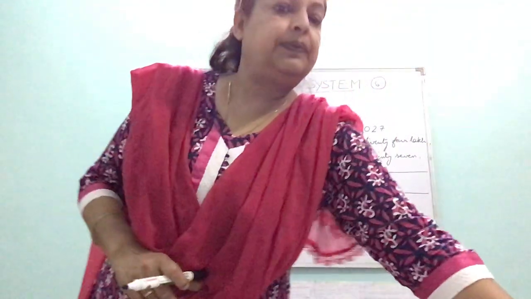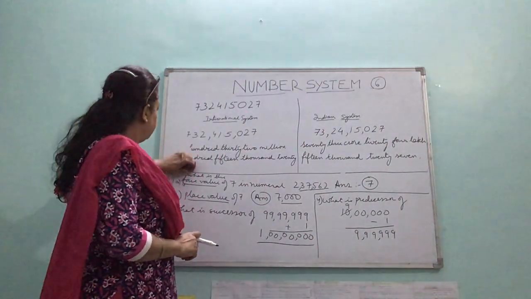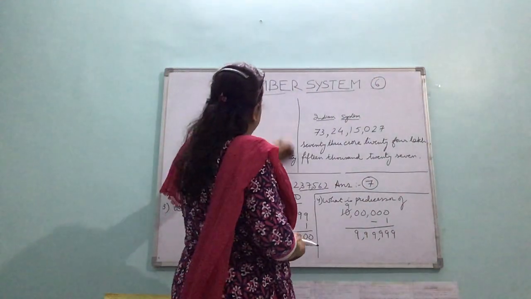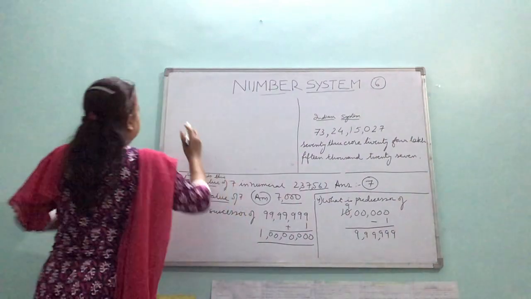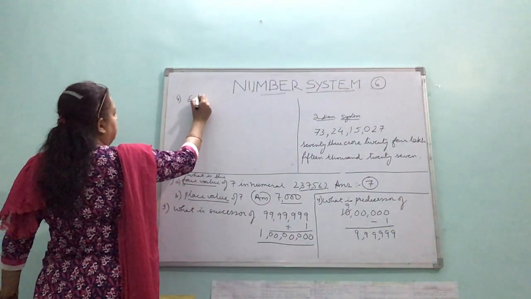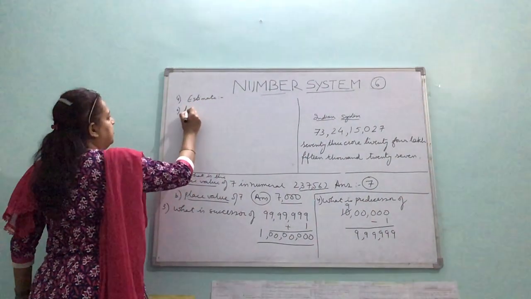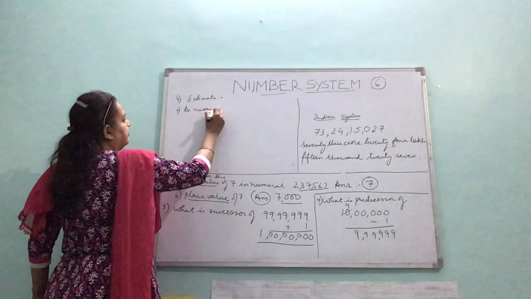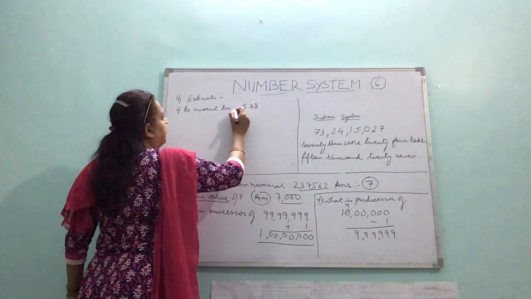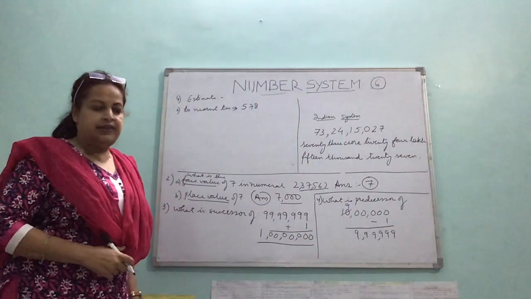Now, some questions of approximation, that is estimating. Number 4. Estimate 578 to the nearest 10.